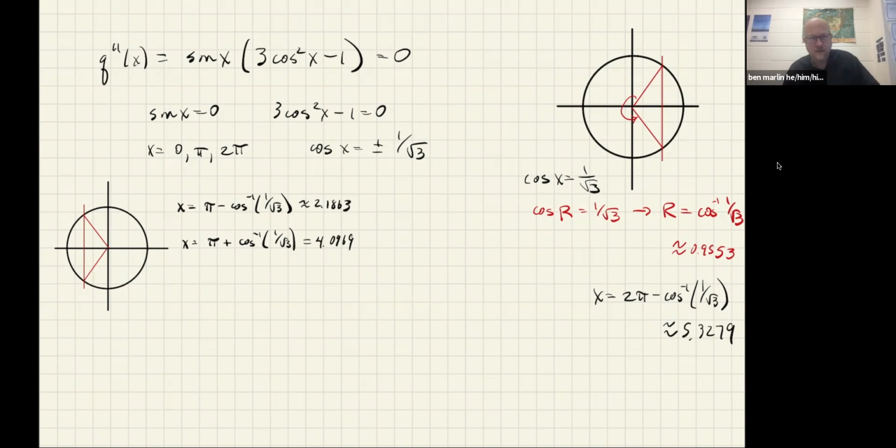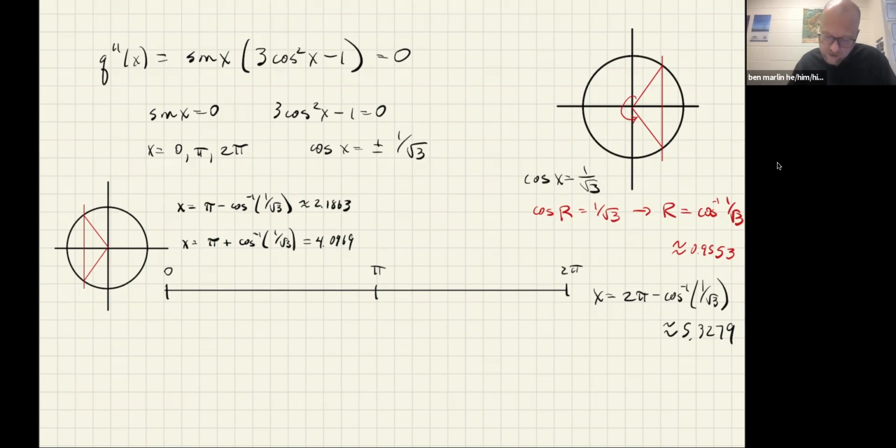We're just going to have to look at the various places on the interval to break up and where we have to actually test at. Okay, so we actually have 0, pi, and 2 pi from the first piece there.